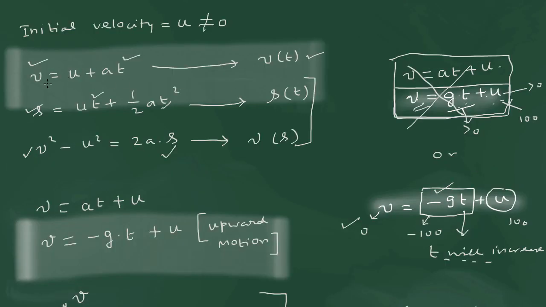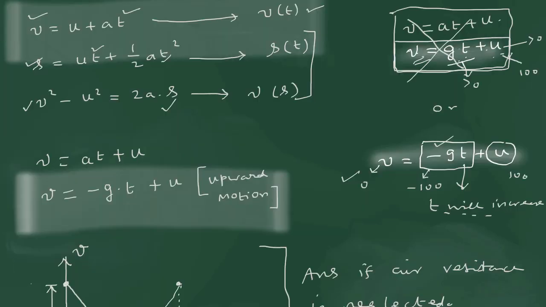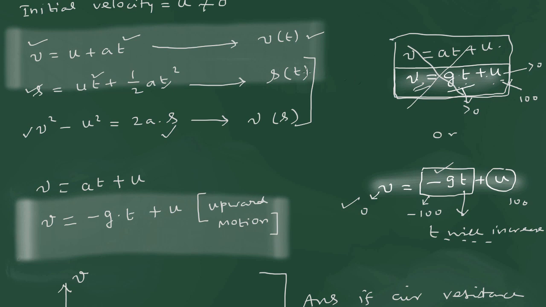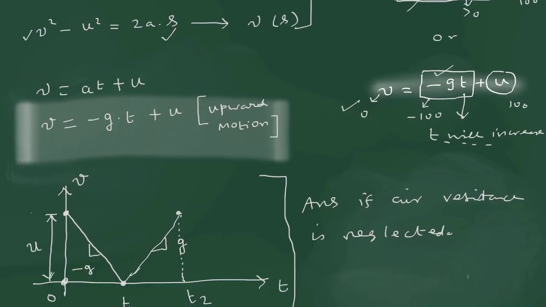These 3 equations: v equal to u plus at, s equal to ut plus half at square, v square minus u square equal to 2as. All these equations, including F equal to ma, when you write that equation, the problem is solved in the absence of the external forces. So that is the point you have to remember.